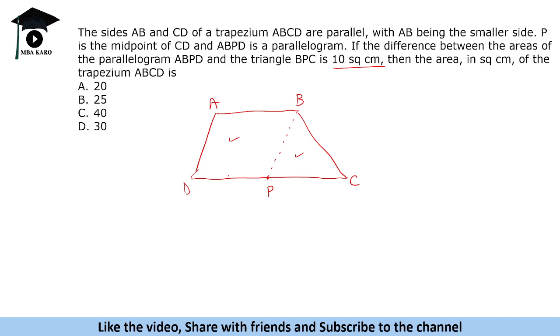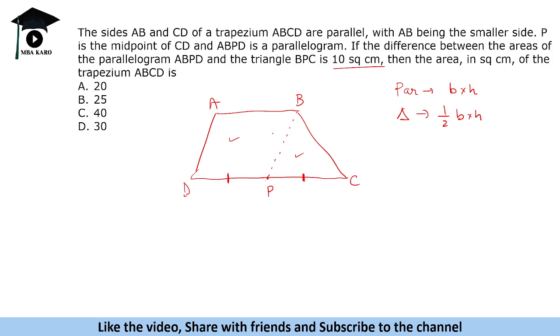Now see, in both these figures, the base is same, because P is the midpoint of CD. In a parallelogram the area is base into height, and in a triangle the area is half base into height.